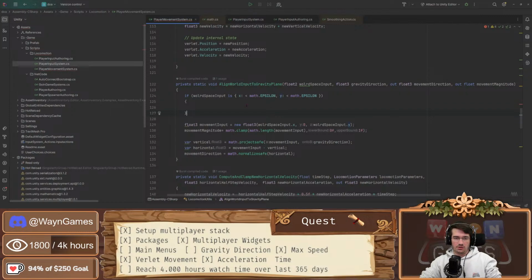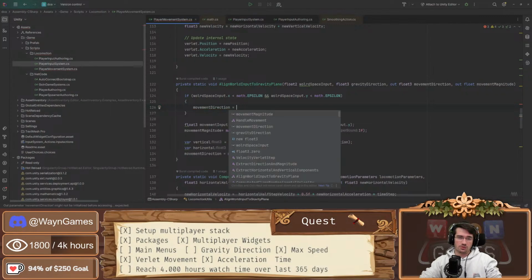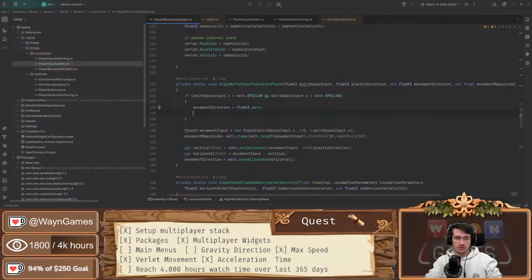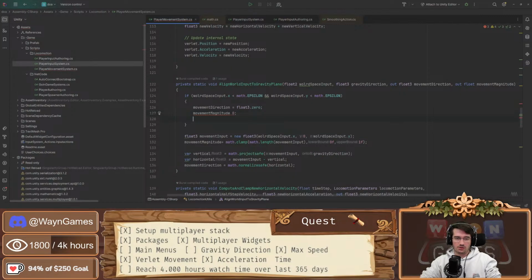Oh, that's not clear at all. Prefer that. If both are below epsilon, then I should set the move direction equal to float 3 zero and this one to 0 and return.